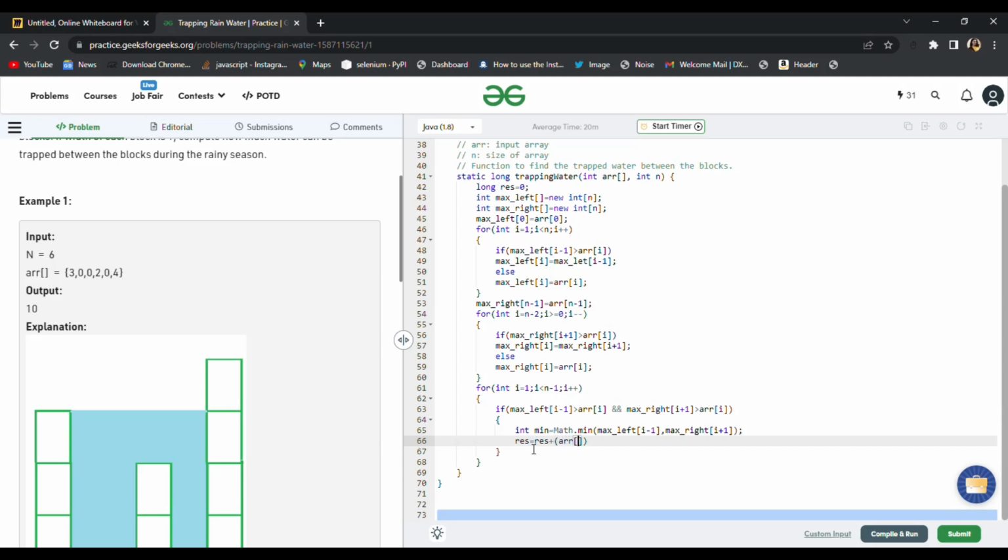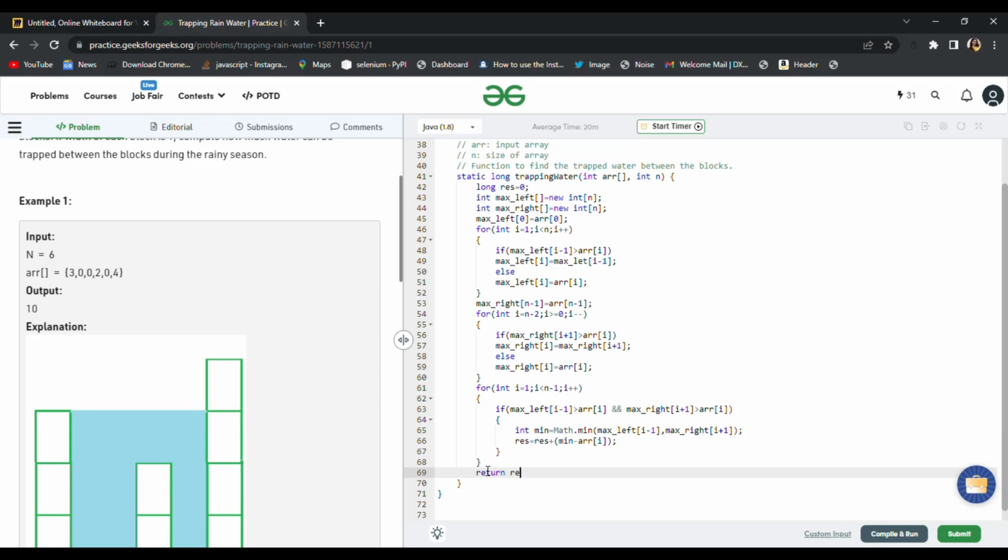How? We need to subtract the minimum with the current block, and don't forget to return the result. So we are done with the code. We have followed our algorithm step by step over here. So now we'll compile and run.